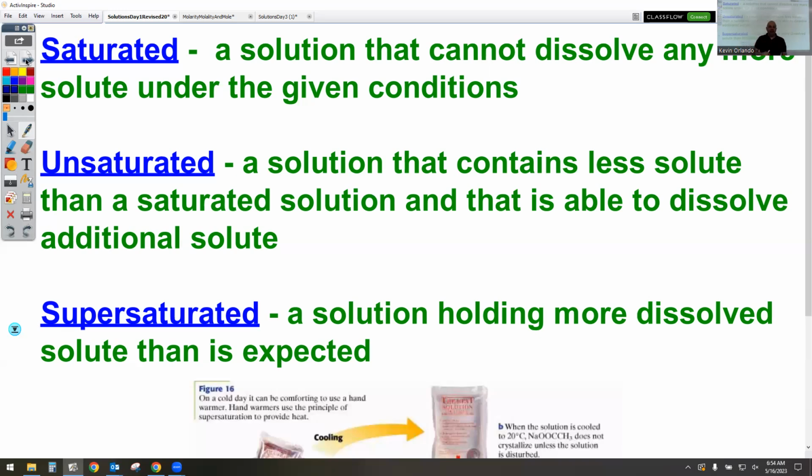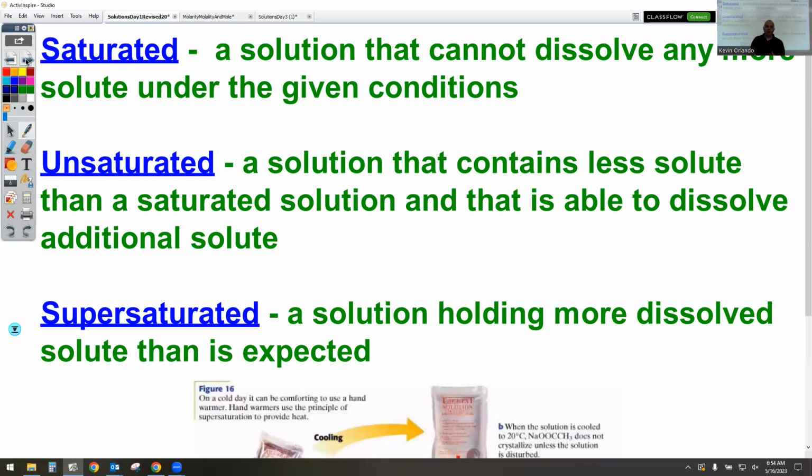So if I just drop a few crystals of sugar into a cup of water, that solution is considered unsaturated, because it can hold more than it's currently holding. As I continue to add sugar, it gets closer and closer to that saturation point. And at some point, when I add a spoonful of sugar, the sugar is not going to be able to dissolve anymore, no matter how much I stir it around. And that's what we call a saturated solution.